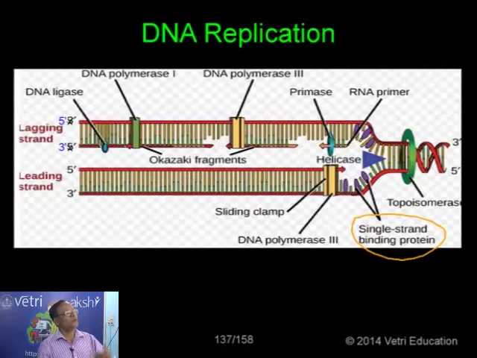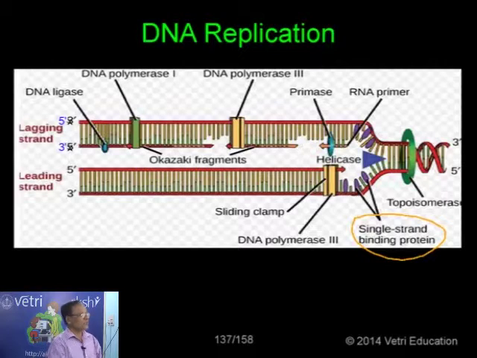The reformation of the double helical structure is prevented by the single strand binding protein. So the single stranded structure is maintained because of the single strand binding protein. These proteins are bound with the single stranded structure formed after the helicase enzyme unwinds the two strands.